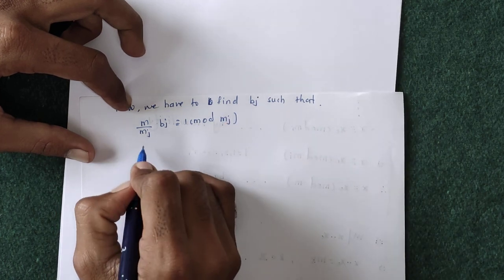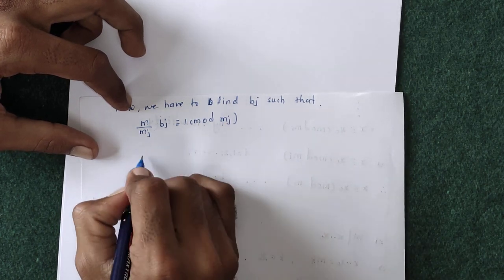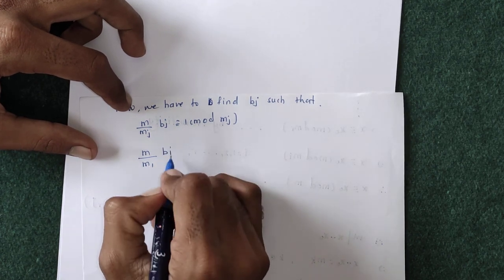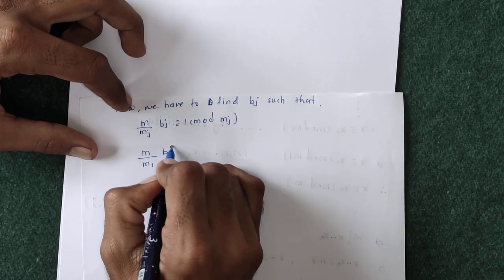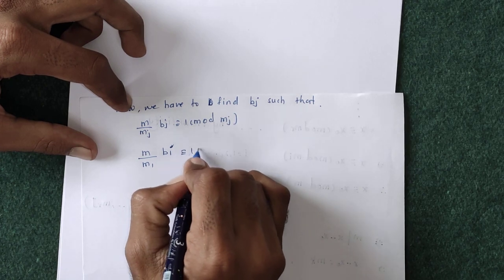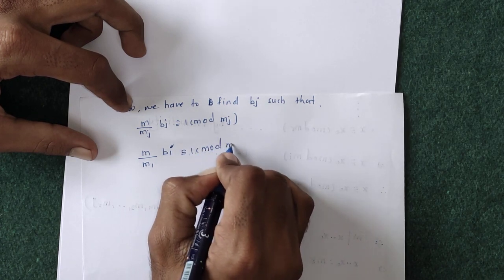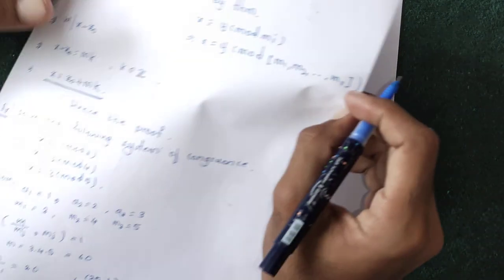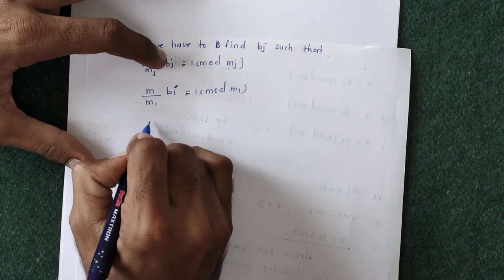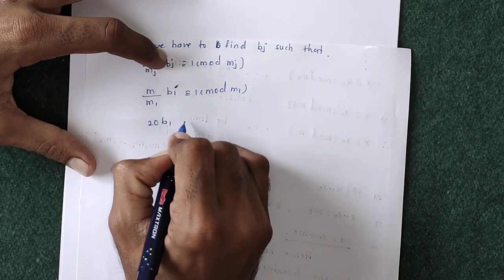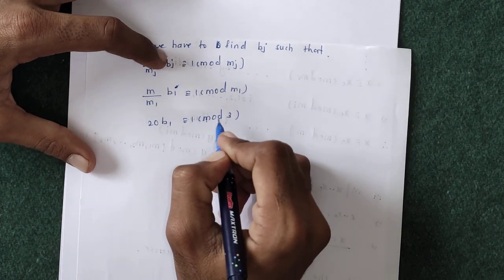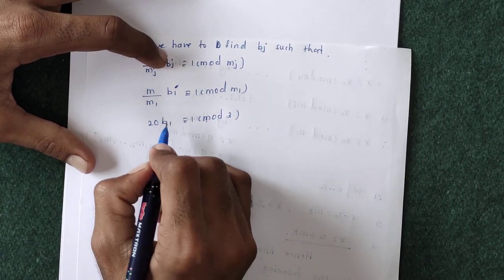Here, first of all we will find the value of b1, which is congruent to 1 under modulo m1. So m by m1 is 20, and 20 into b1 is congruent to 1 modulo m1, which is 3. So we are going to find the value of b1.